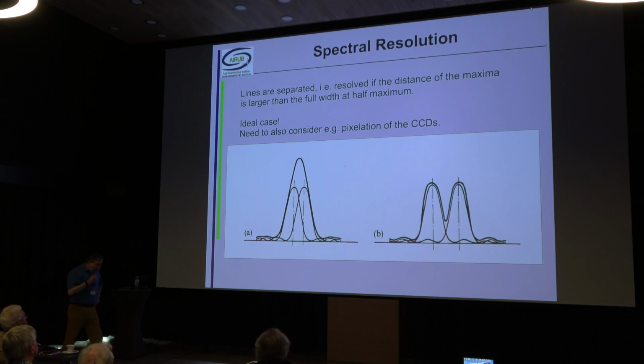What do we gain if we have now more spectral resolution? Well, spectral resolution, as this long old diagram shows, is when we have two lines, or line components, which we distinguish, and because each of these lines has Airy functions, so we have a local minimum, we have the second maximum, so we have resolved the two lines, the two emission lines, if the distance of the maxima is larger than the full width at half maximum of the lines.